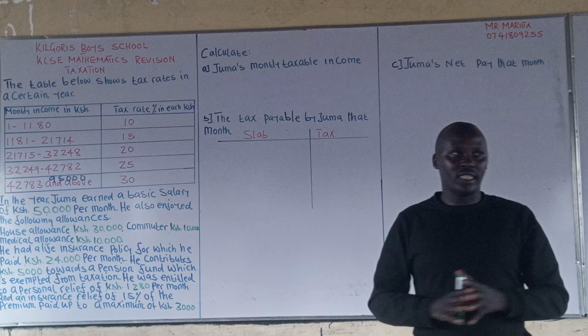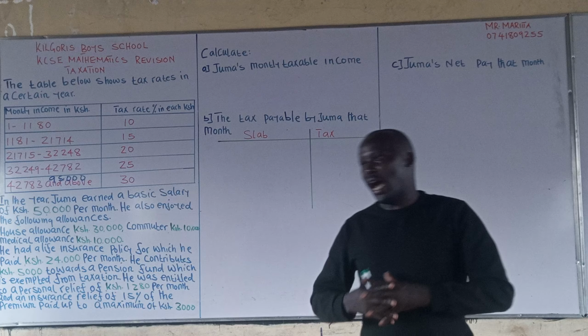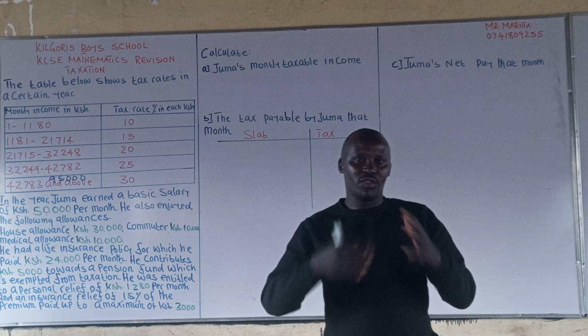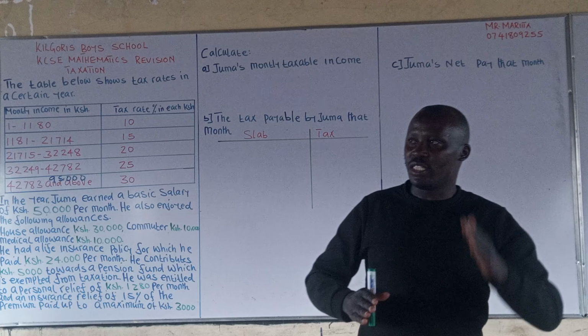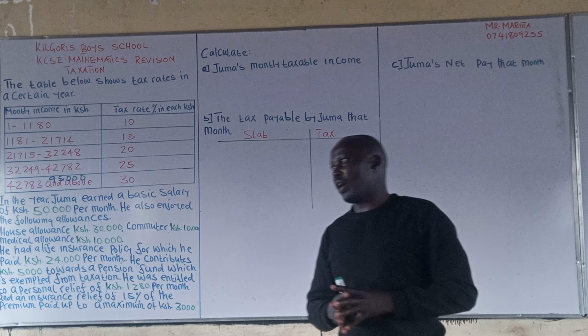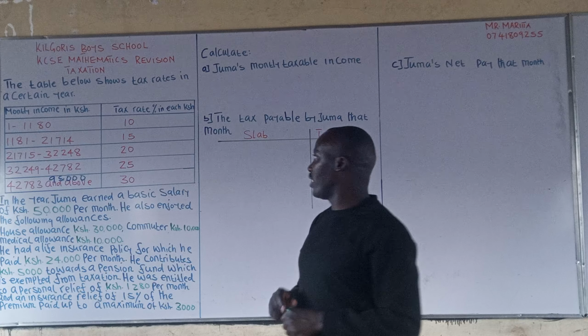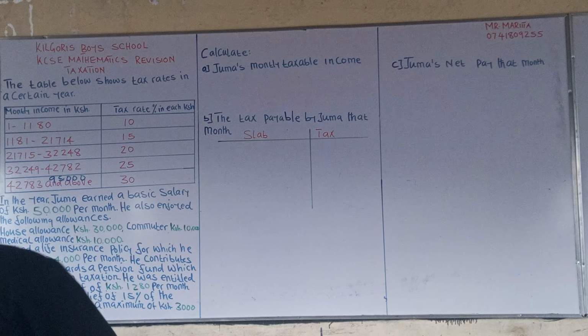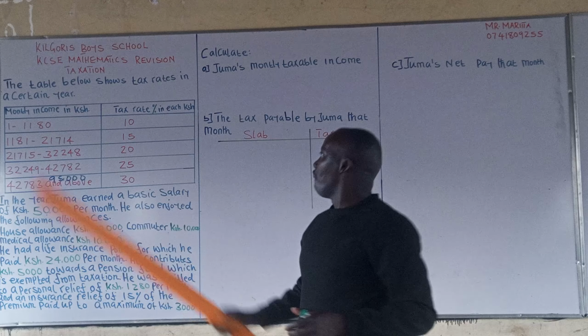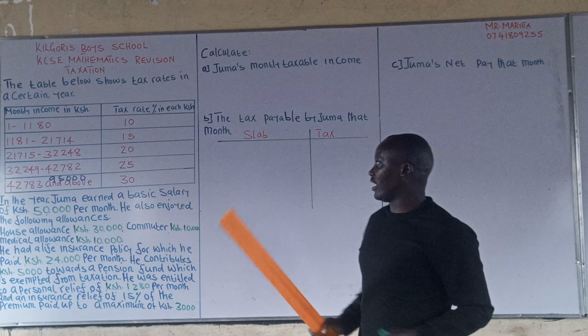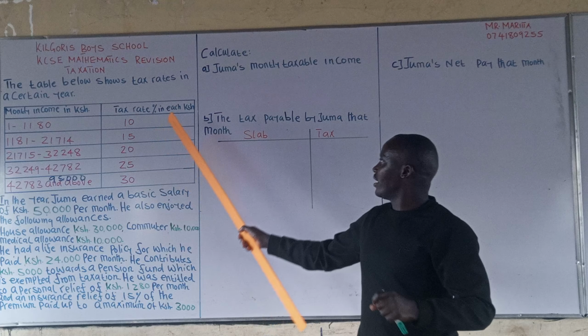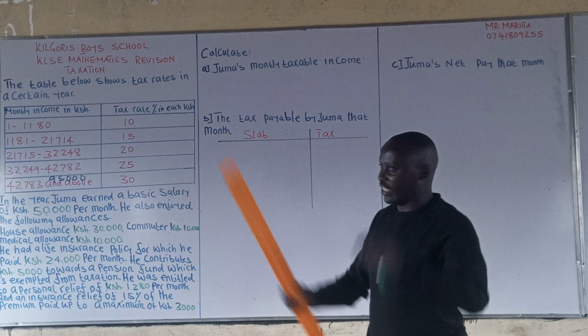So today we are looking at the normal tax, and these are most of the questions which are set in paper 2, section P. It's from 3-1. The table below shows the tax rates in a certain year. We have the monthly income in Kenya shillings, and then the rate of tax in each shilling.